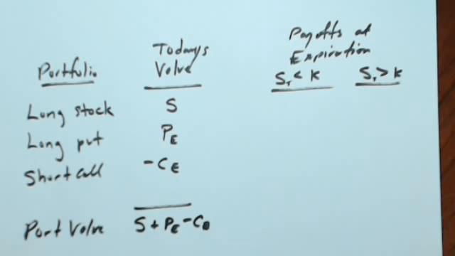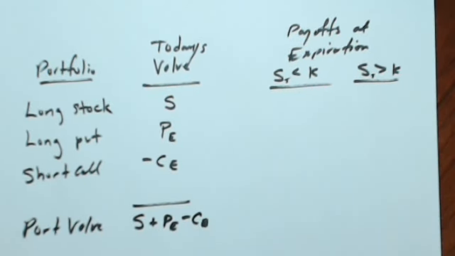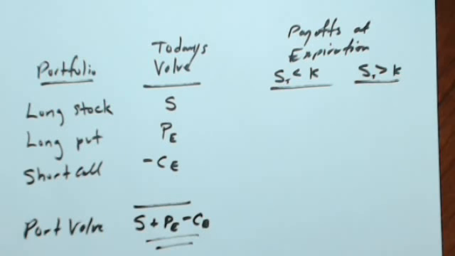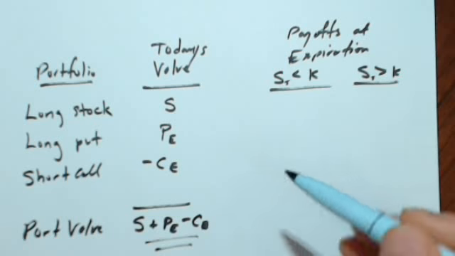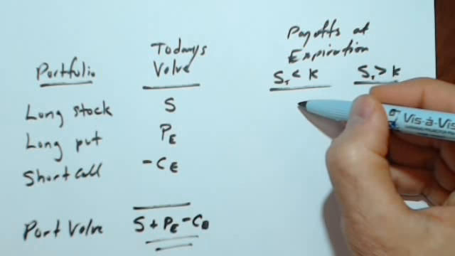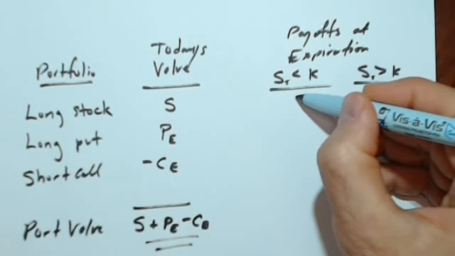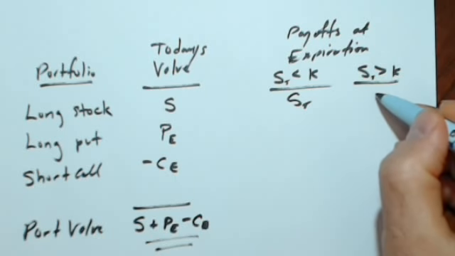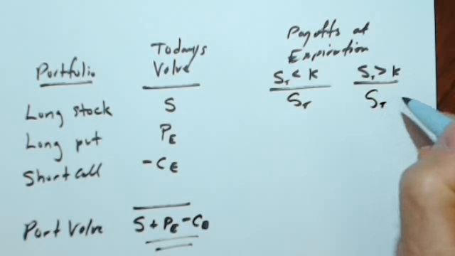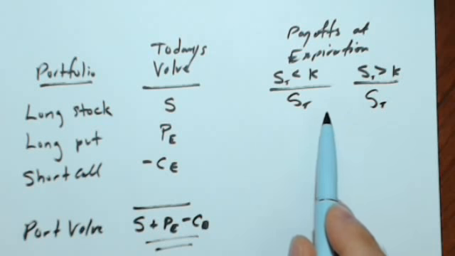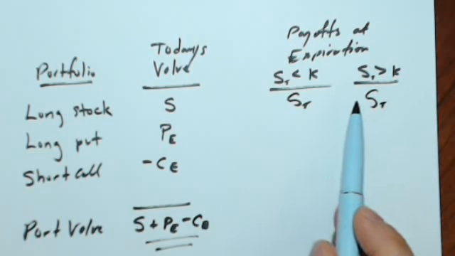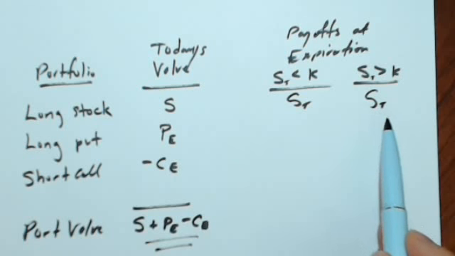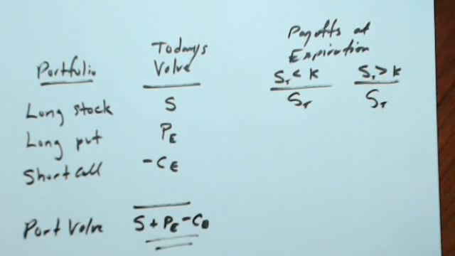So that's the value of this portfolio. Now let's figure out the payoffs at expiration. The payoff at expiration for the stock is S_T. In fact, the value of the stock doesn't matter. It doesn't matter what K is and where it is relative to K. The stock is the stock price at expiration. So S capital T.